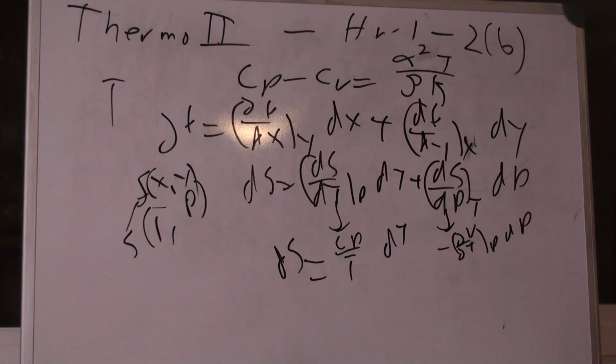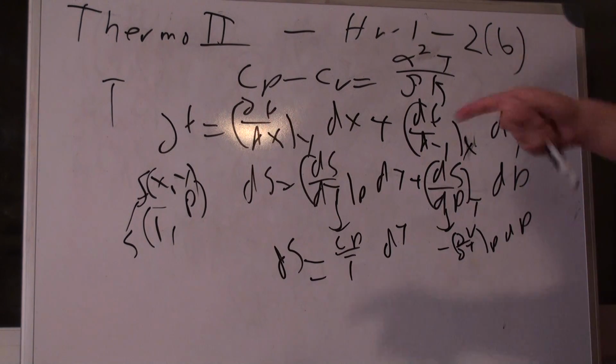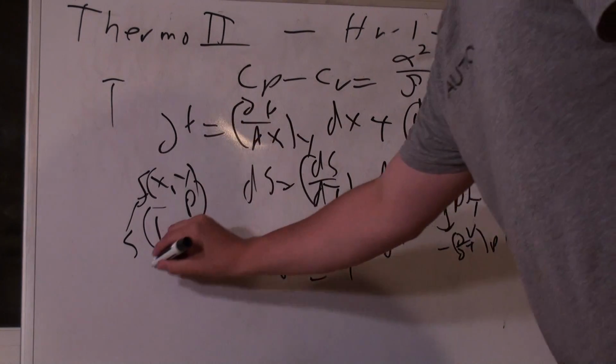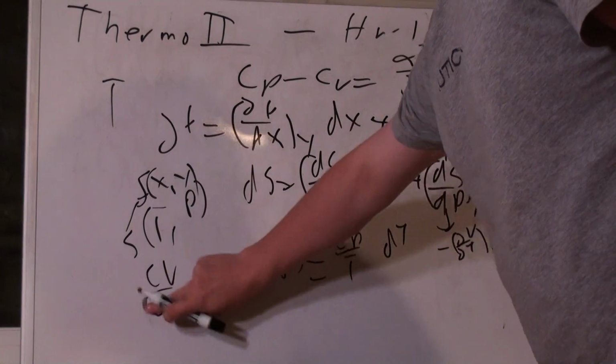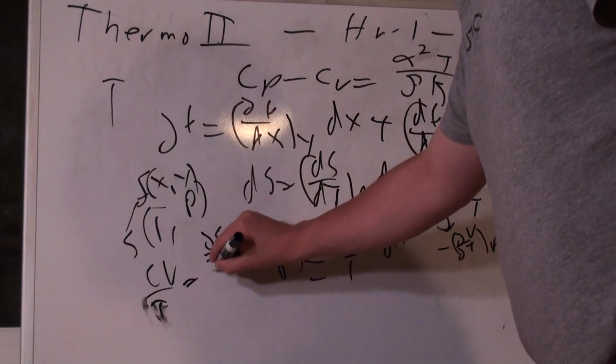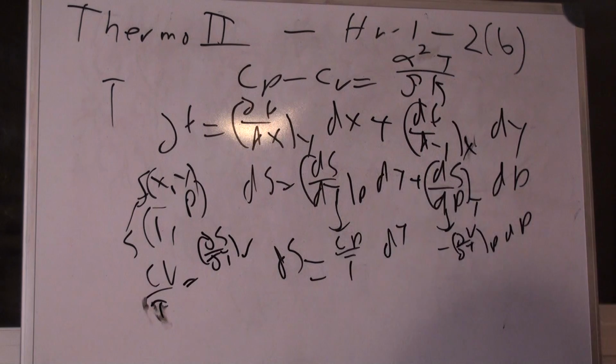So let's look at the ds. What would I want to do with the ds to get one of these? Is ds related to density? Nope. Is ds related to kappa? Nope. Is ds related to alpha? We're talking about directly here. Nope. Is ds related to cv? Aha! It is. cv over T is equal to ds dt at constant v.